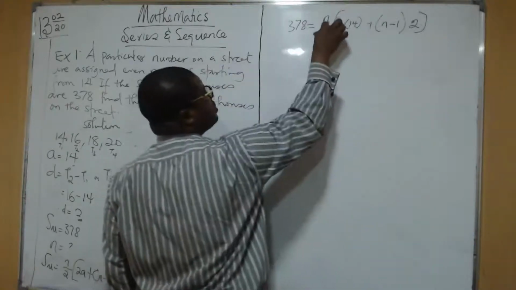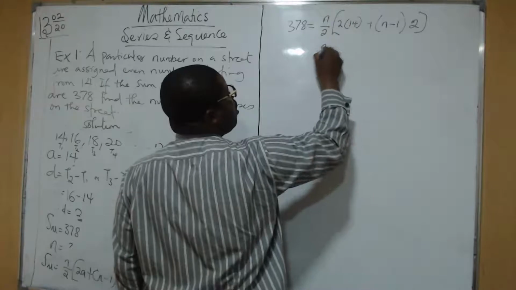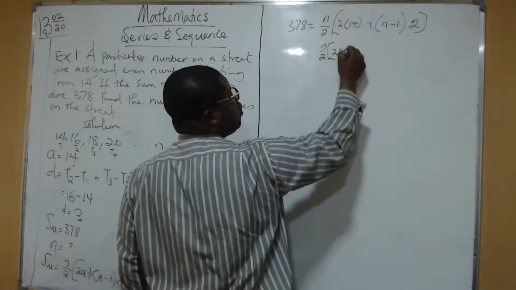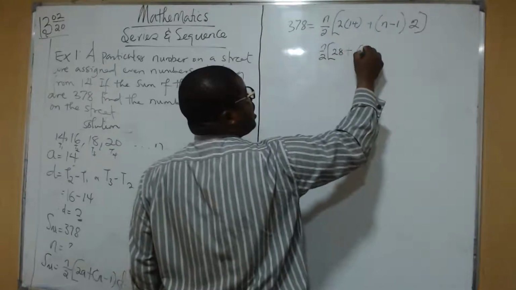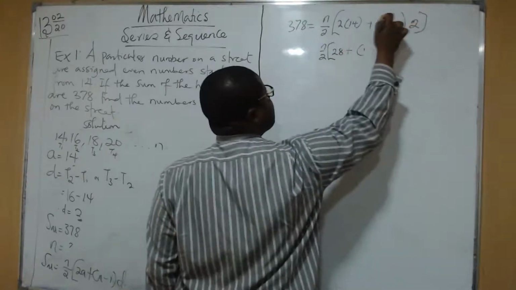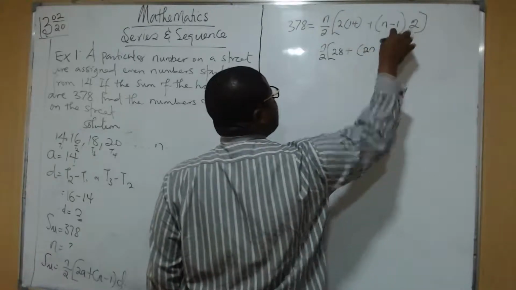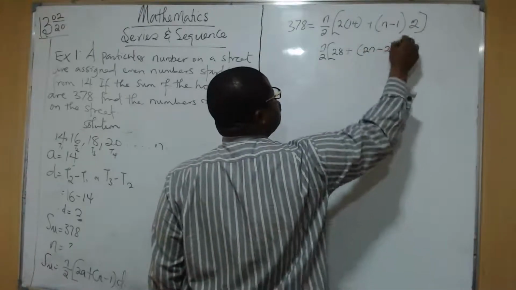We are going to have n over 2 into bracket 28, that's 14 times 2, plus n times 2, we have 2n, and 2 times 1, we have minus 2.